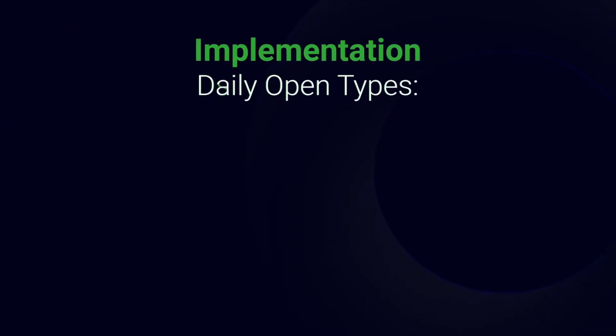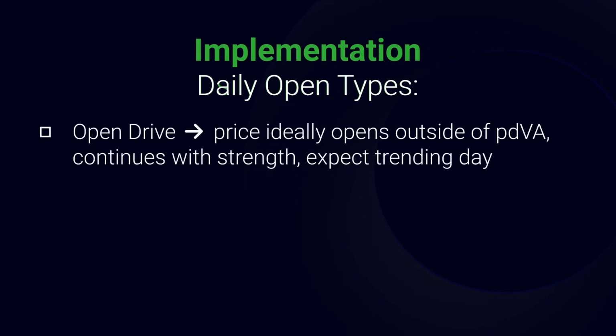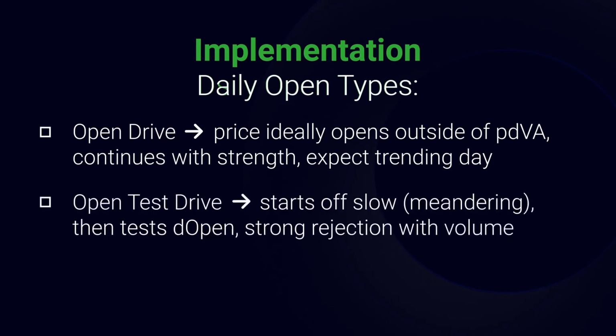Here are the three most important daily open types. 1. The open drive type. Price ideally opens outside of the previous day value area and has a move with continued strength, and you can expect a trending day. 2. The open test drive type.